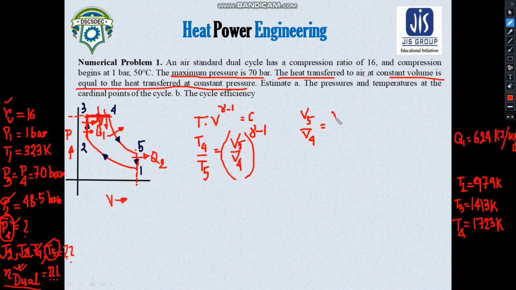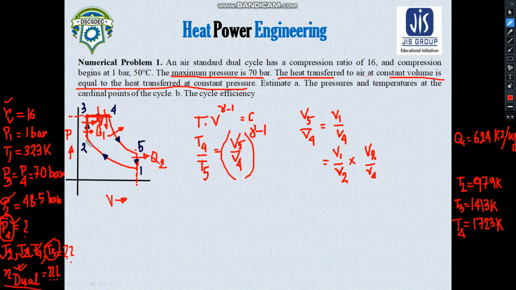We can simply write it as V1 by V4. And if we write it as V1 by V2 into V2 by V4, there is no problem. I am simply multiplying and dividing this expression by V2.